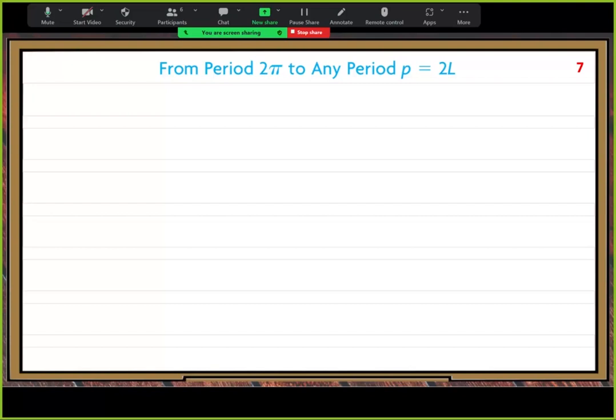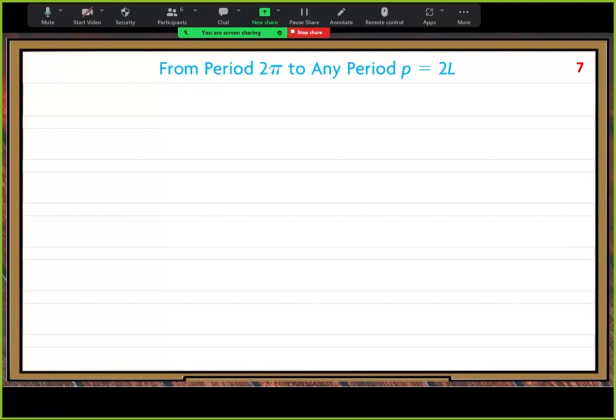So here, let's consider period 2L. The L could be any positive number. Then we can handle all the periodic functions. But you may ask me, why 2? Why not 1L? Why 2L? The good reason is you can draw the period in a symmetric way.